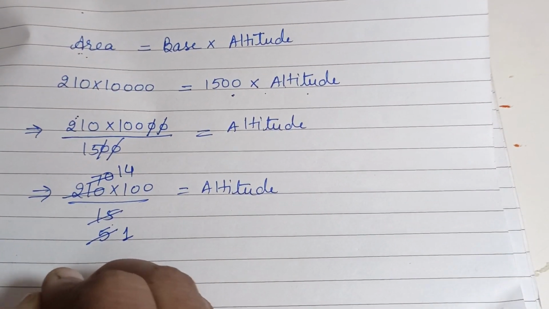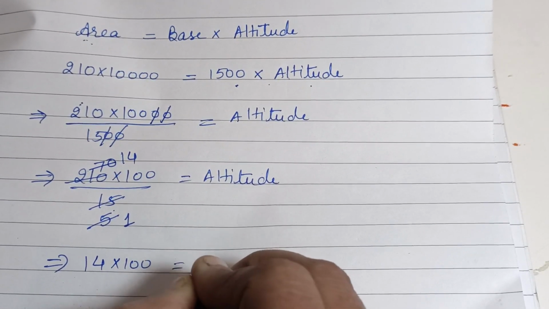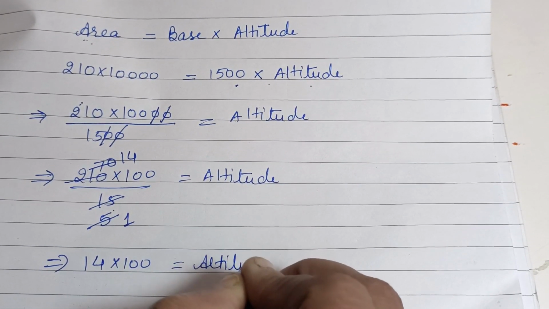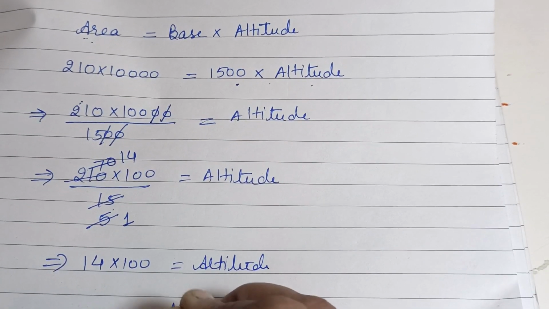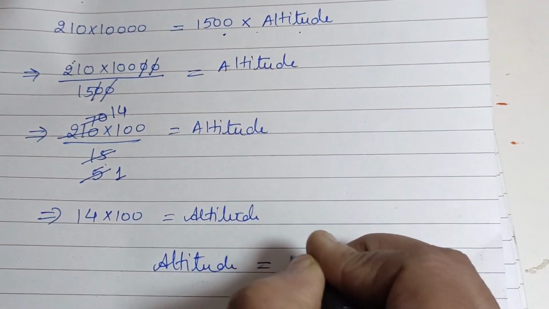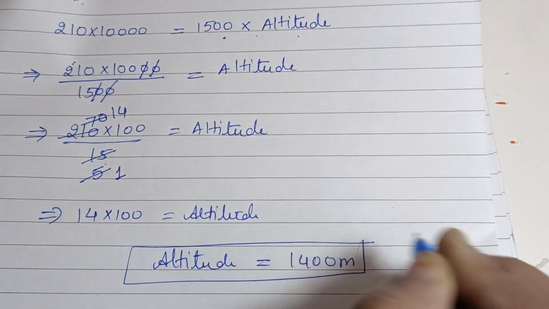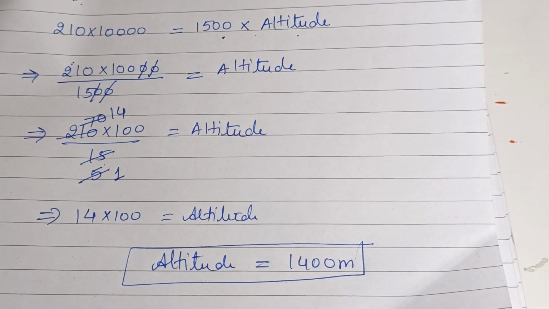Now altitude will be 14 into 100, which equals the altitude. So finally you got the altitude as 1400 meter. In this way you can find the answer.